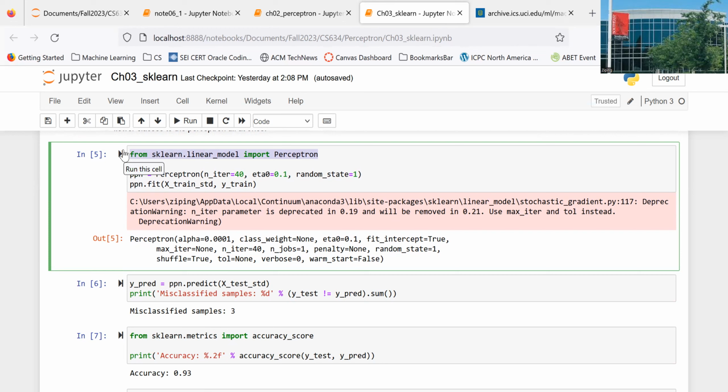Then here, you first need to create the perceptron model. So this is the number of iterations, and this is the learning rate. So you create this model.